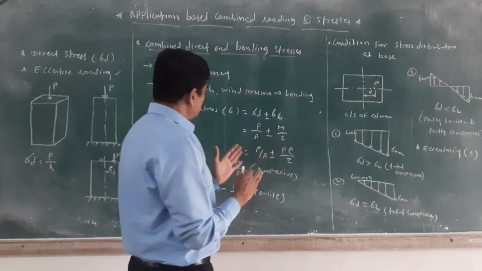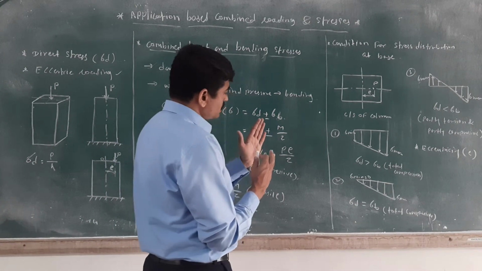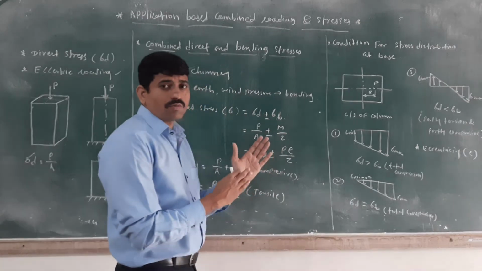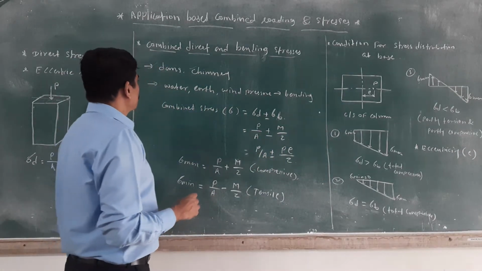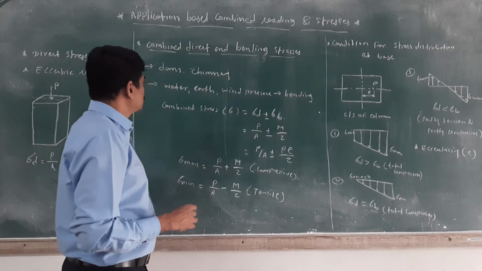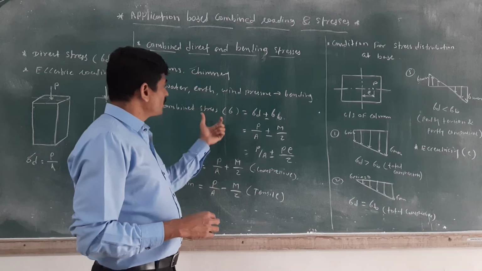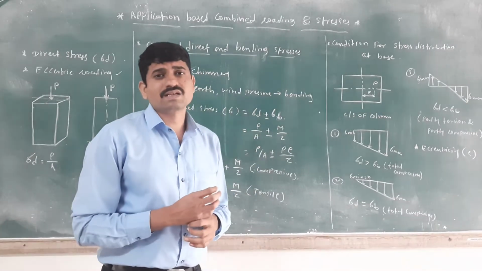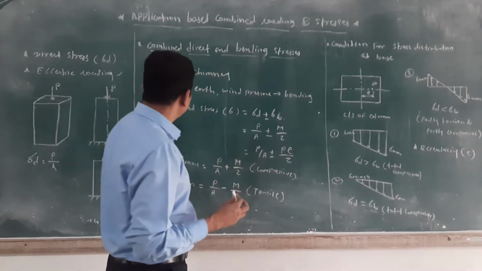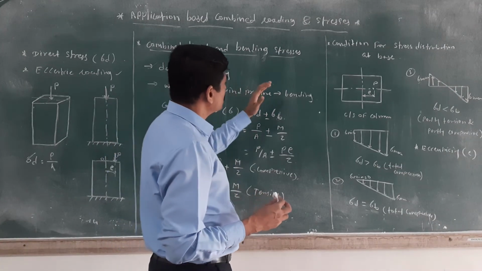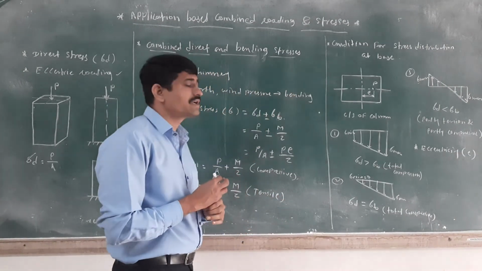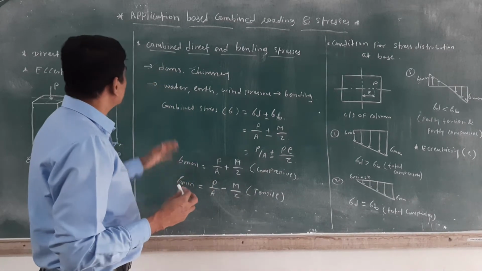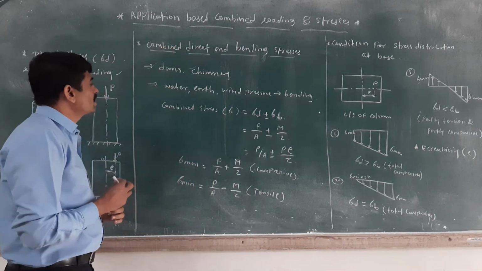Because of the wind pressure, the column will be bent. That's why we get the bending stresses. When we apply some load, direct stresses are induced, but due to water, earth, and wind pressure, we also get bending stresses. Then how to calculate that combined direct and bending stress?